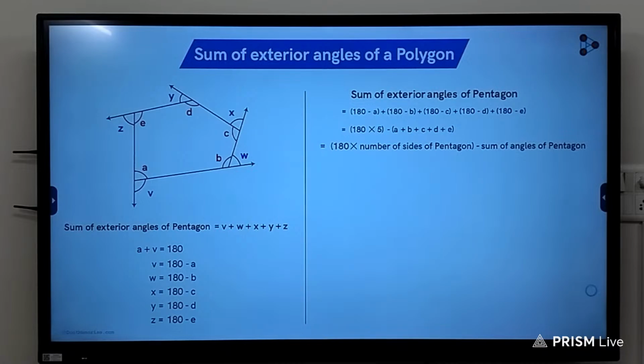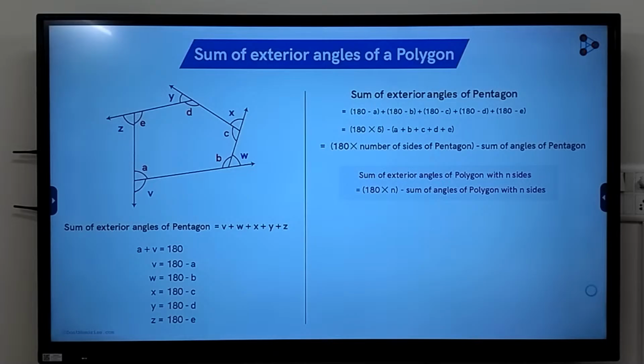Wow, so we have a relationship in terms of the number of sides of a pentagon and the sum of its angles. We can generalize the statement for any polygon with n sides. So the sum of the exterior angles of a polygon with n sides will be equal to 180 multiplied by n minus the sum of angles of the polygon.